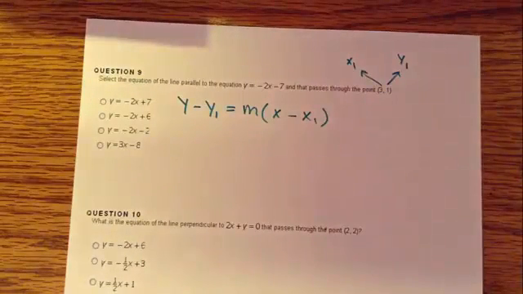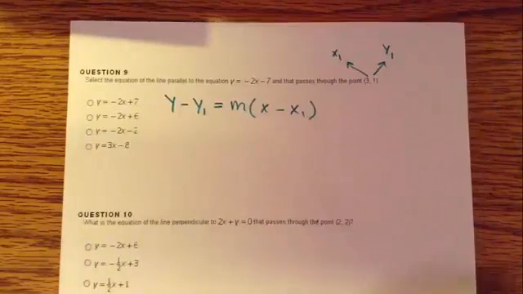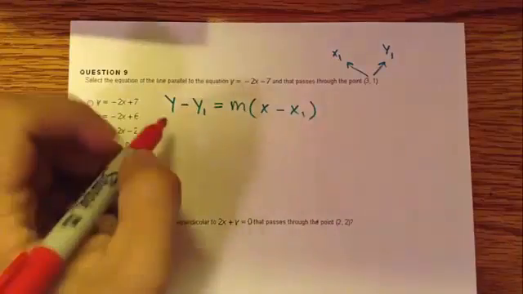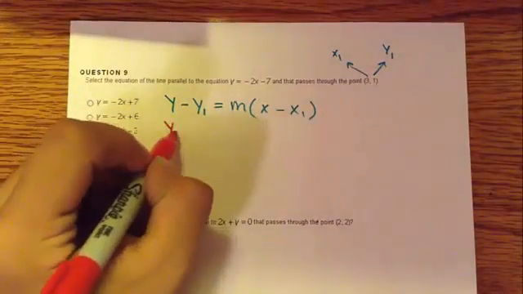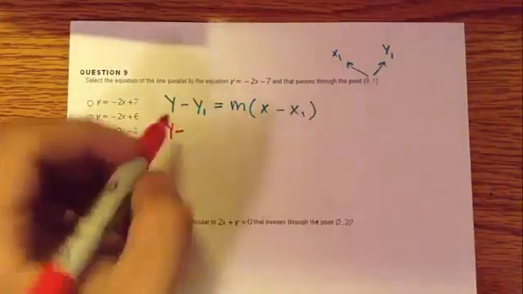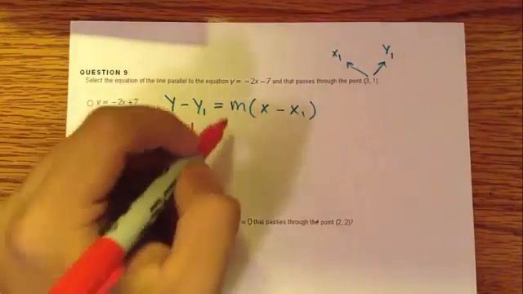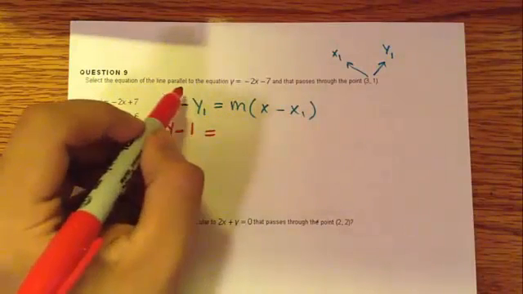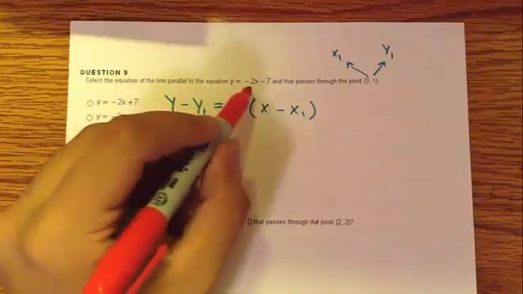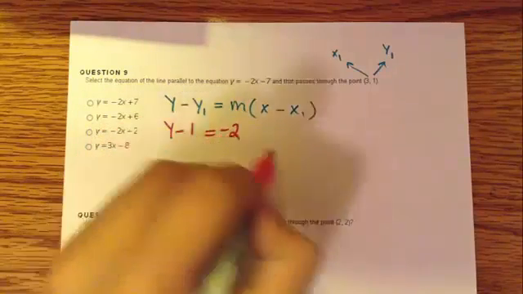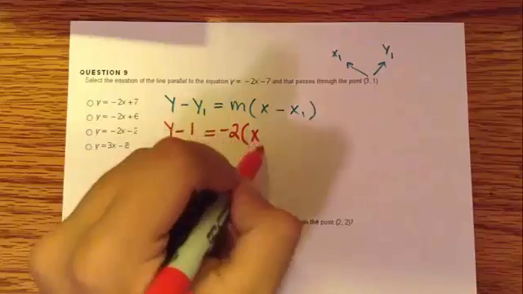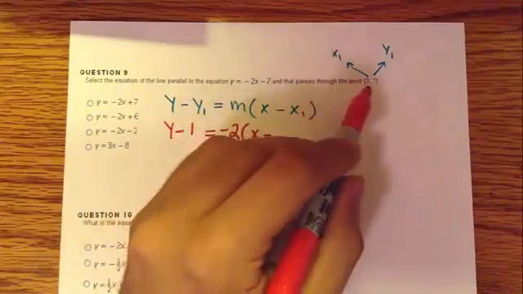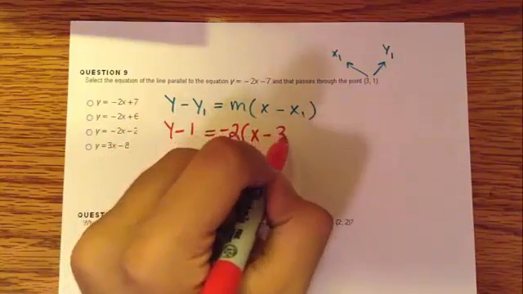So let's plug in everything now. I'm going to have y minus, my y1 is just going to be 1, equals my slope. Since I have a parallel line, the slope is just going to be -2. So I'm going to have -2 times (x minus, my x1 is just going to be 3).